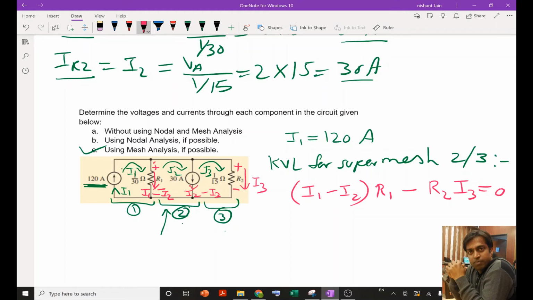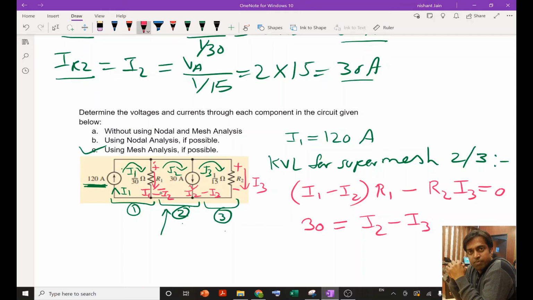Whereas the 30 ampere direction is opposite to I3, so I take I3 as negative. So 30 ampere current equals I2 minus I3, because I2 minus I3 is the current that is flowing through this 30 ampere branch.